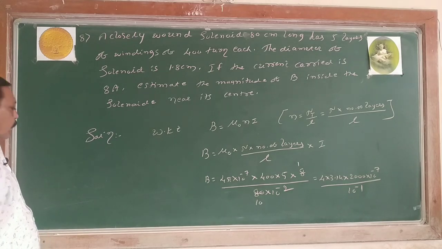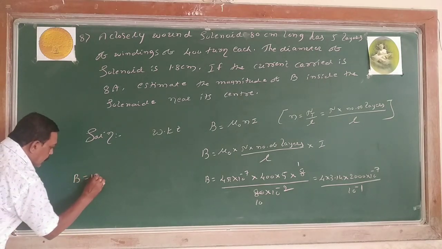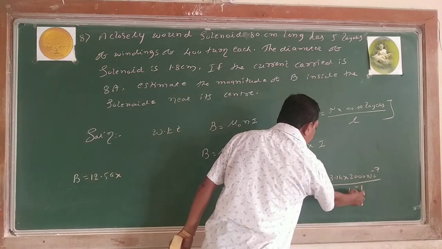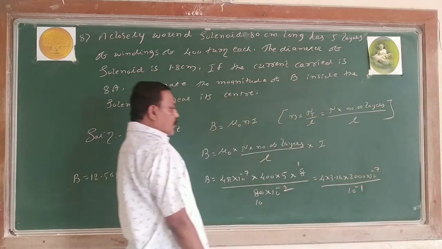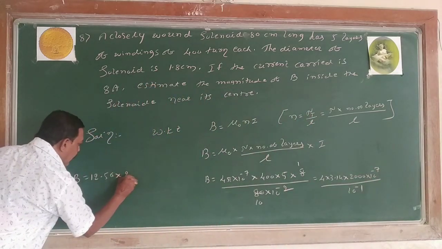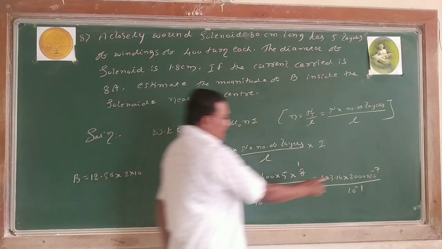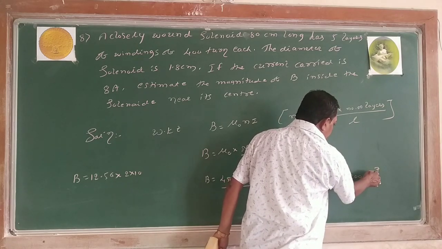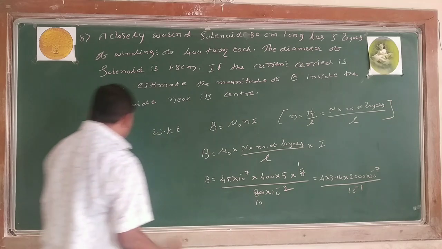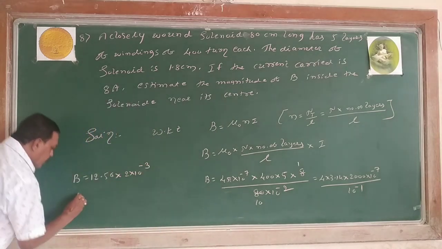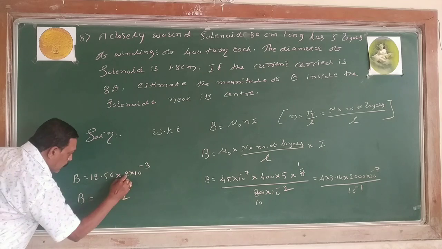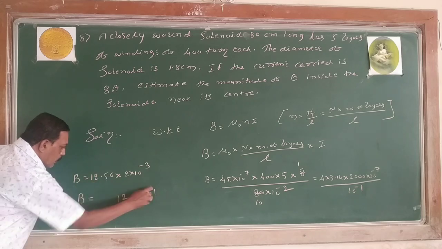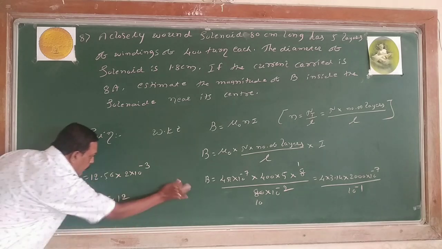Shall I write 12.56 into 3 zeros, bring one up, 4 zeros, 2 into 10 to the power of minus 7 plus 4 minus 3. Shall I write? Yes. Now multiply this by 2: 12, 10, 11 carry 1, 24, 25.12 into 10 to the power of minus 3 tesla.